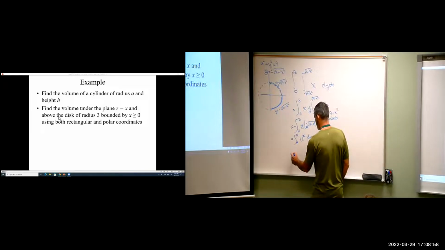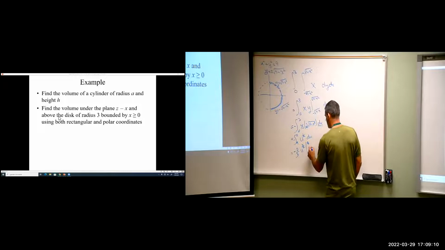All right, the antiderivative is negative 2/3 u to the 3/2 from 9 to 0. So the first part is going to be 0 minus a negative, so minus negative 2/3 times 9 to the 3/2.